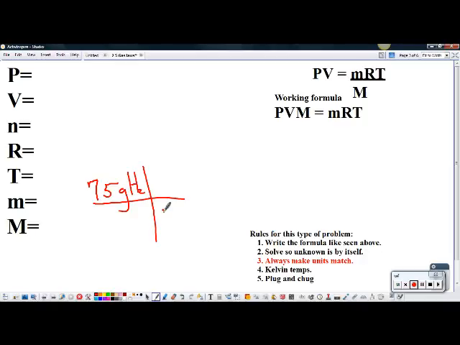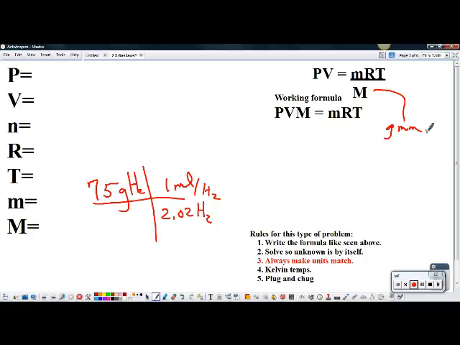Divide by the GMM and put 1 mole up here. So this capital M stands for the GMM, molar mass, formula mass. Those are other ways to say the GMM, the gram molecular mass.